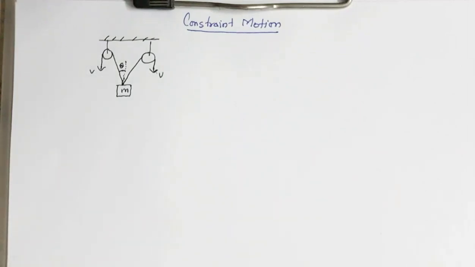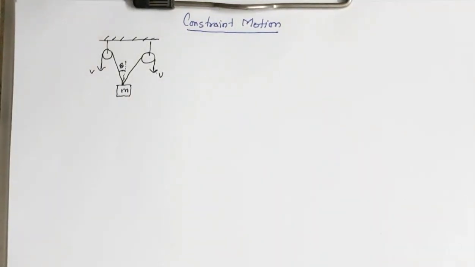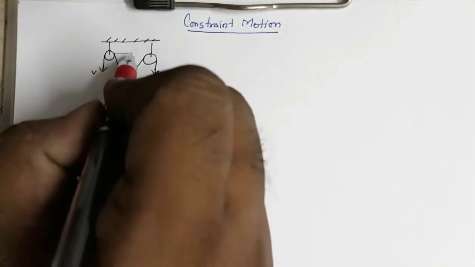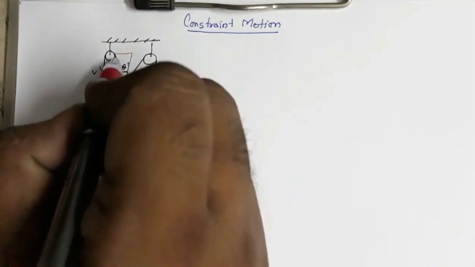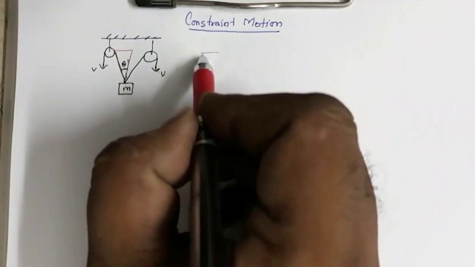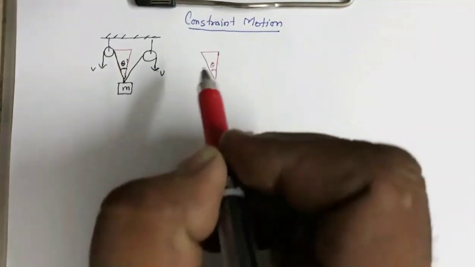So now we have to identify the constraint condition, the fixed boundary condition. If you see this, there is a right angle triangle here, and in this triangle this angle is theta.